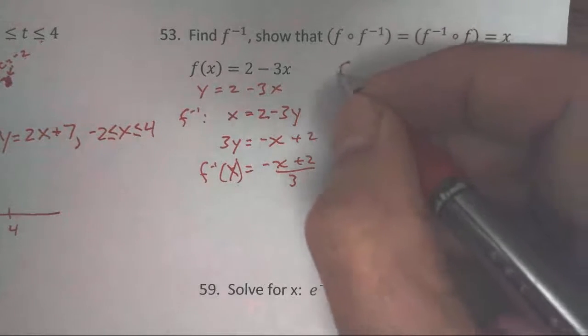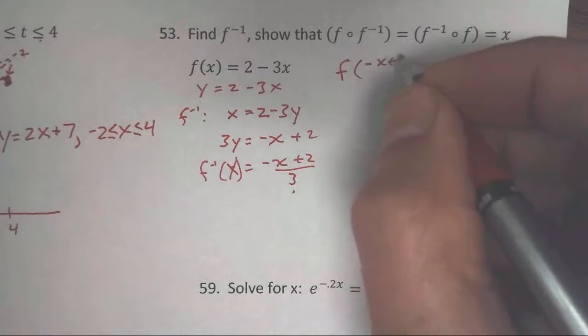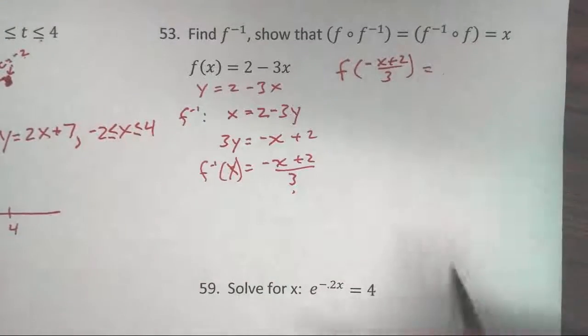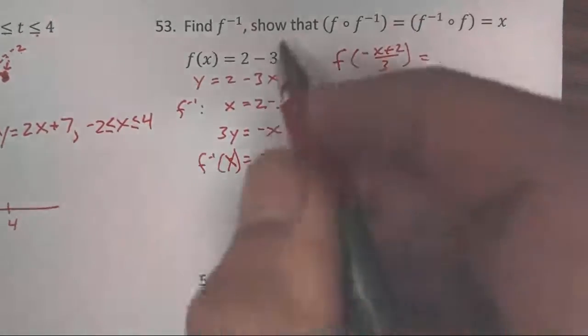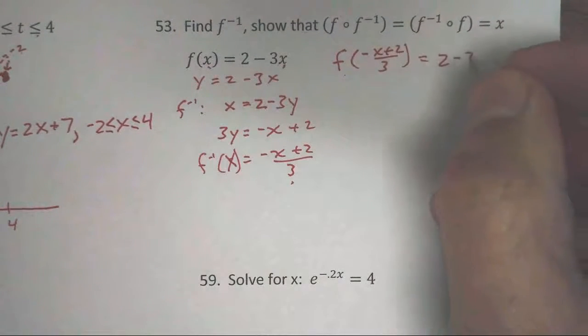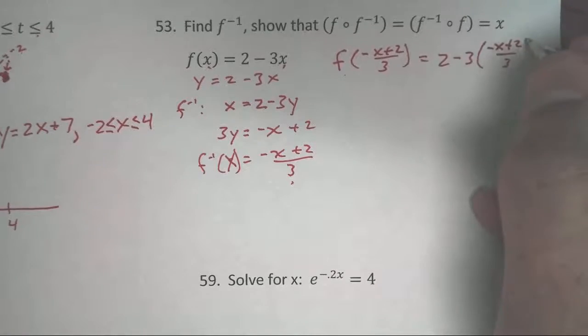So f of f inverse is f of negative x plus 2 on 3. Well, f is a factory that takes things and puts them right here. So this becomes 2 minus 3 times the big mess, negative x plus 2 on 3.